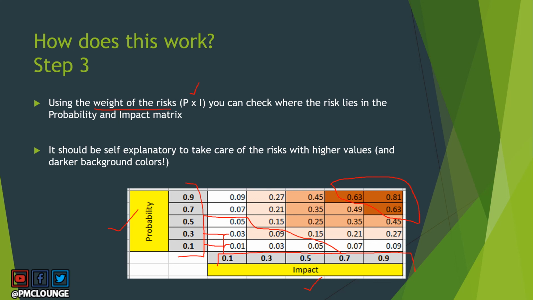So your team need not spend enormous efforts thinking about risks that lie in this area. Whereas, like I said earlier, risks that lie higher up are the ones your project team should be focusing on. So this is how the probability and impact matrix is going to tell you which are the risks that you and your team should be working on and should be planning for.